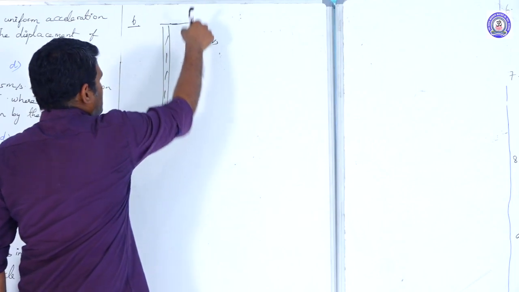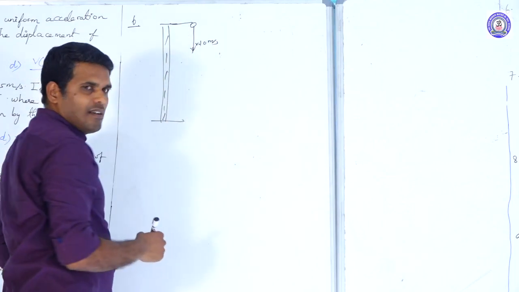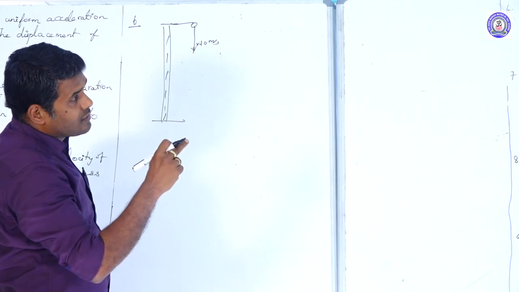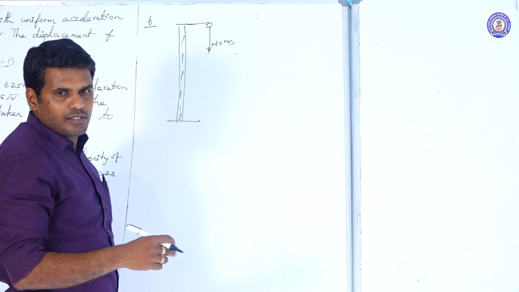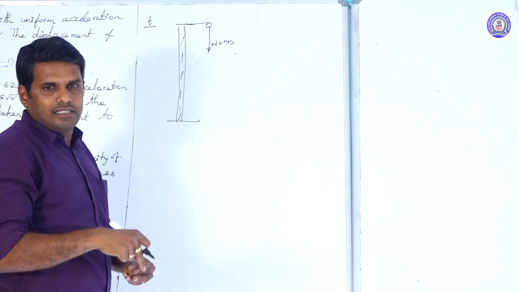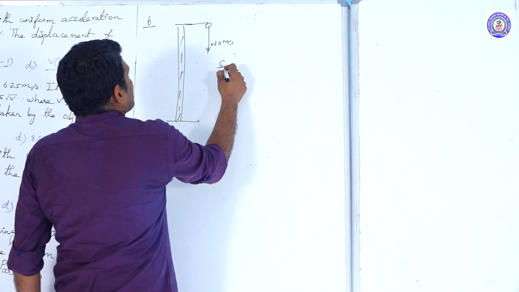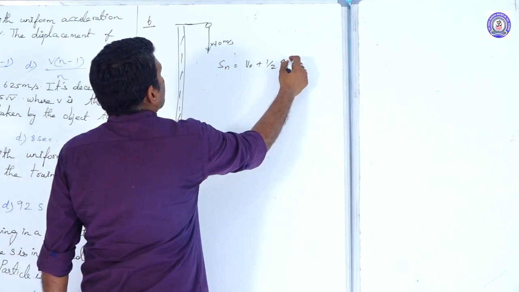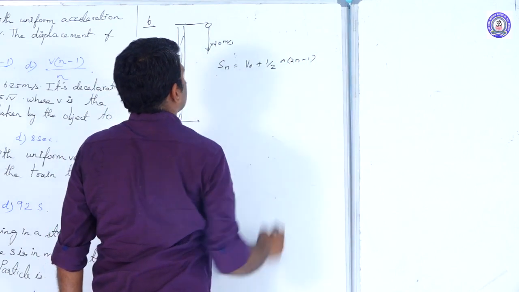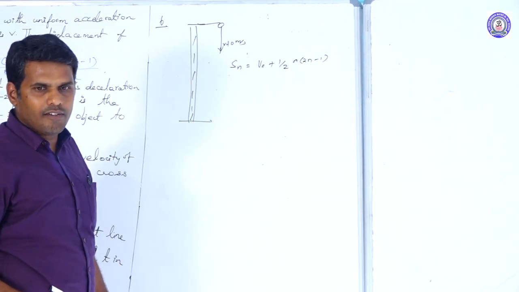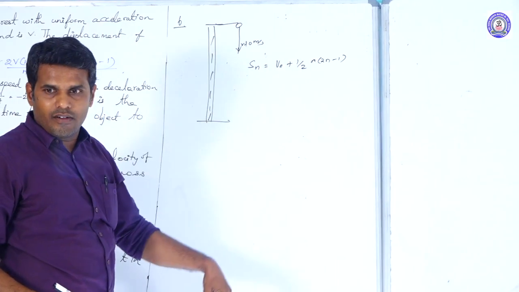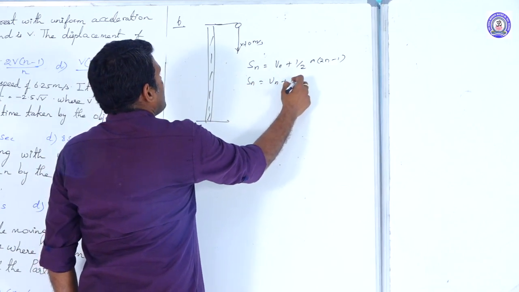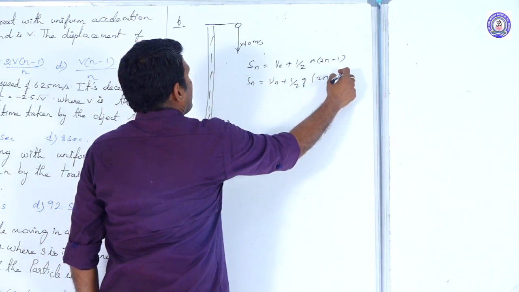The object is thrown vertically downwards, so it has been given an initial velocity. They have mentioned the instants, so the distance traveled in the nth second can be calculated as Sn equals u plus half a into 2n minus 1. As the object is thrown vertically downwards, Sn is equal to u plus half g into 2n minus 1.